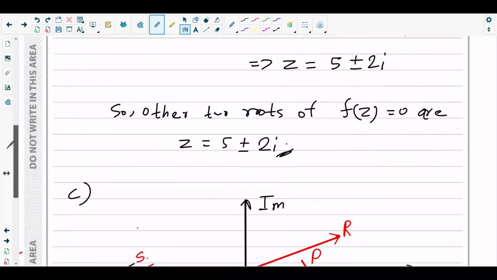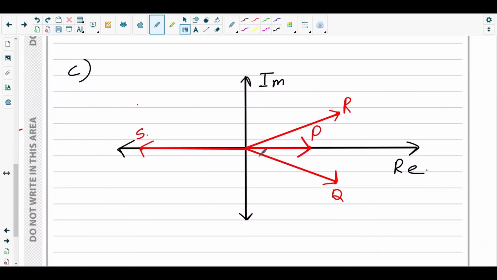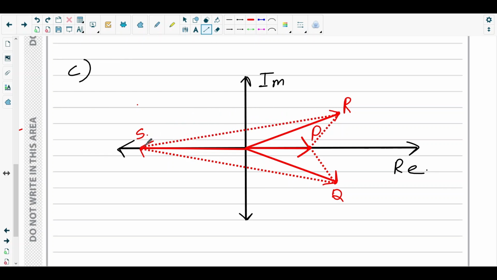Let's have a look at PQRS. If I use some dotted lines, the shape would be like this: SQ, then PQ, and then PR, and then RS.